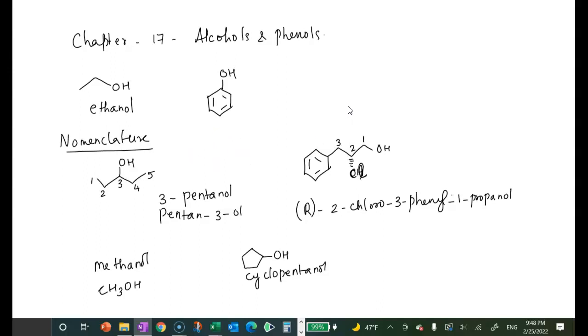Another common alcohol that we come across usually is isopropyl alcohol, which is also called rubbing alcohol. It has antiseptic properties.